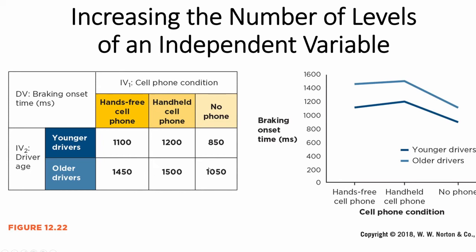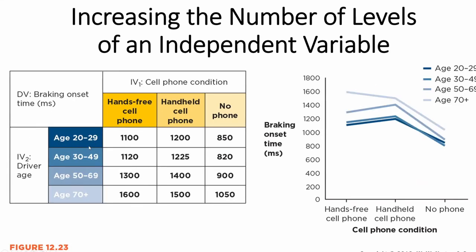So let's consider another addition. What if these researchers, instead of just looking at young and old drivers, started looking at more refined divisions of age? What if they looked at, for example, 20 to 29, 30 to 49, 50 to 69, and older than 70?